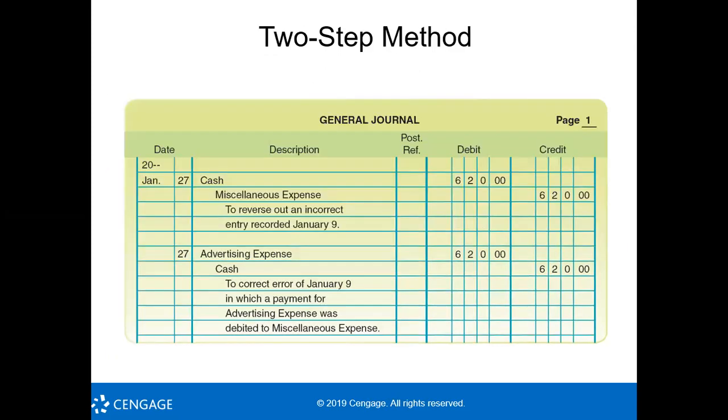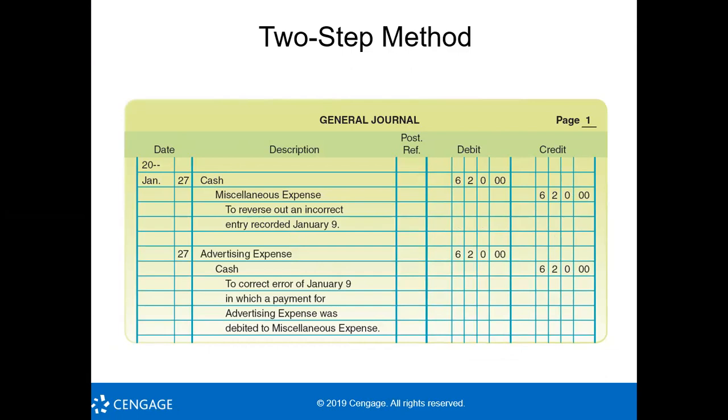And then the two-step method. So again, the original entry would have been a debit to miscellaneous expense, a credit to cash. So with the two-step method, we're going to do a reversing entry first. So just the opposite.